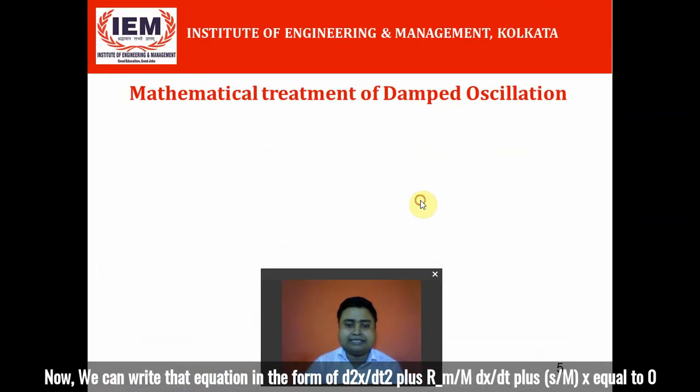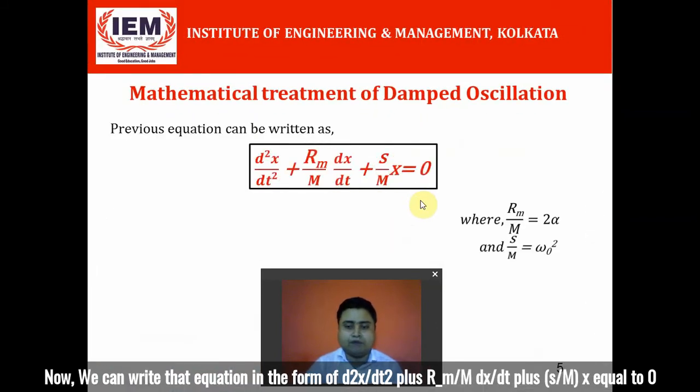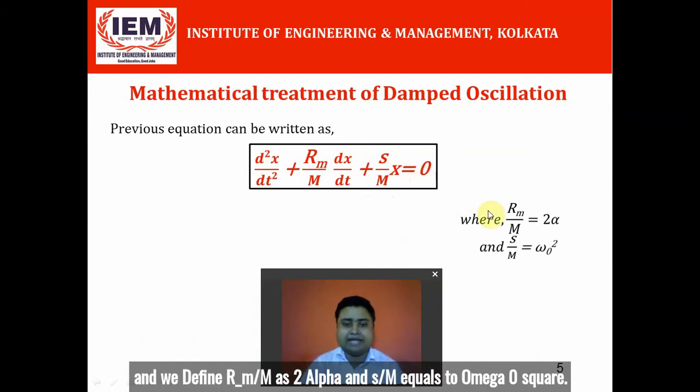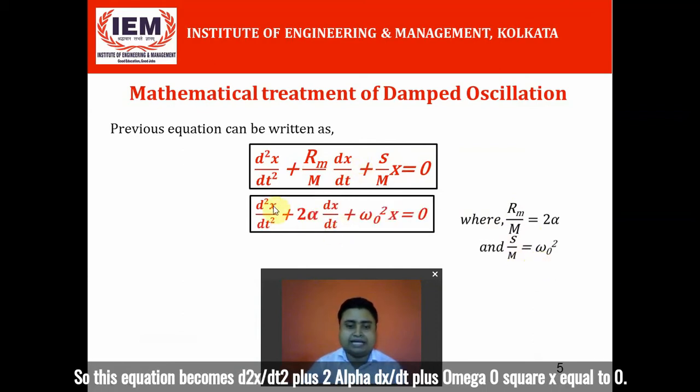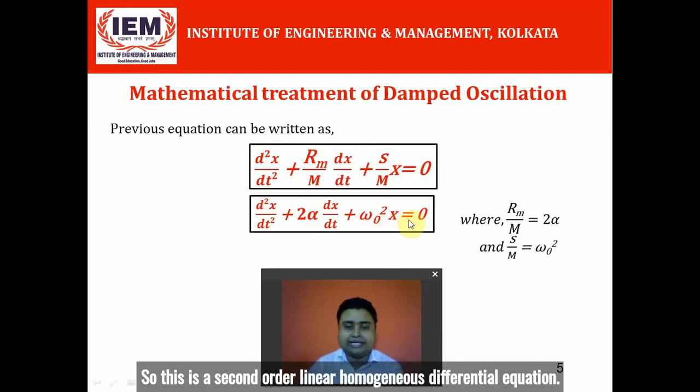Now we can write that equation in the form d2x/dt2 plus Rm/m dx/dt plus s/m x equal to 0, and we define Rm/m as 2 alpha and s/m equal to omega 0 square. So this equation becomes d2x/dt2 plus 2 alpha dx/dt plus omega 0 square x equal to 0. So this is a second order linear homogeneous differential equation.